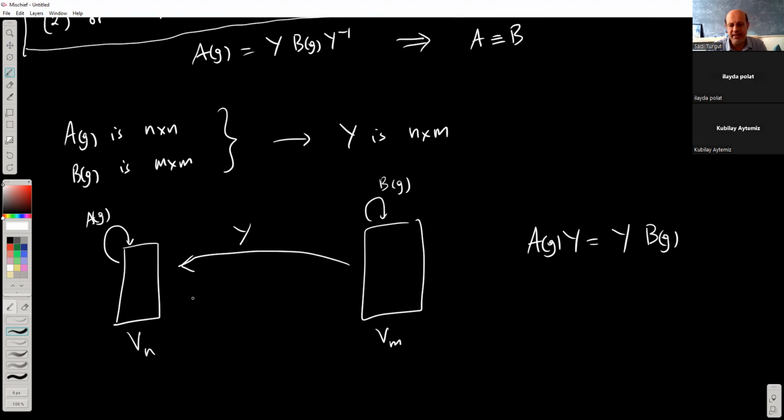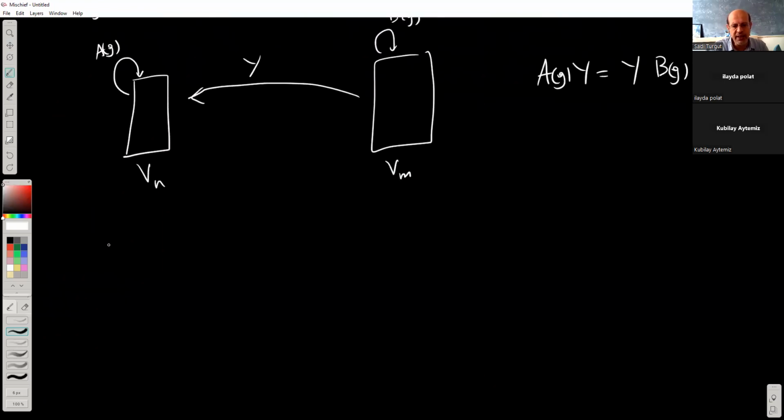What does it mean? I don't know, but at least you can think of Y as a map between two different vector spaces. And if the dimensions are different, that explains why Y is a rectangular matrix.